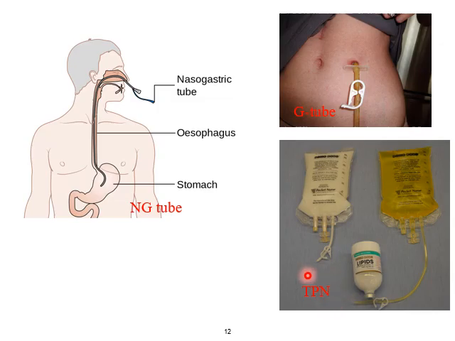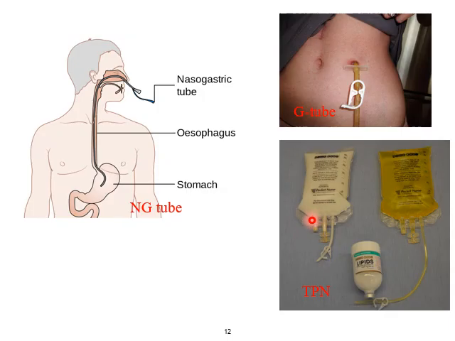This is the TPN or total parenteral nutrition, and this TPN is the same concept as the nutrition bag that we give to the G-tube. However, this goes through the veins, through the big blood vessels. And again, we will go over this in chapter, I believe, 38.